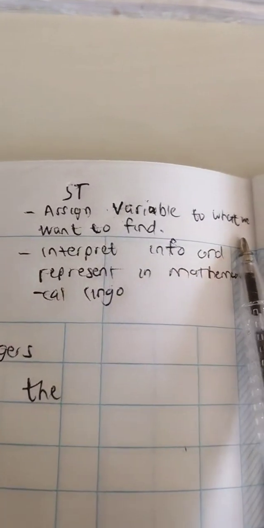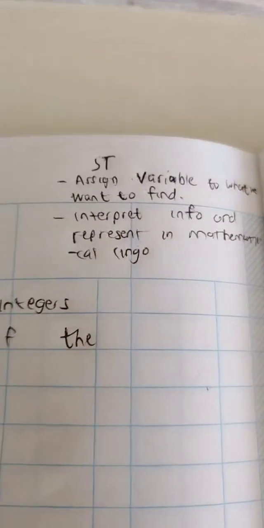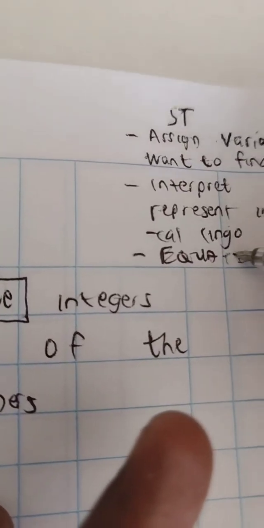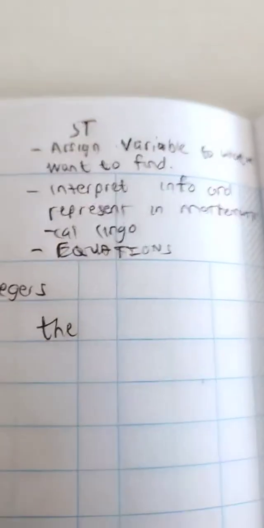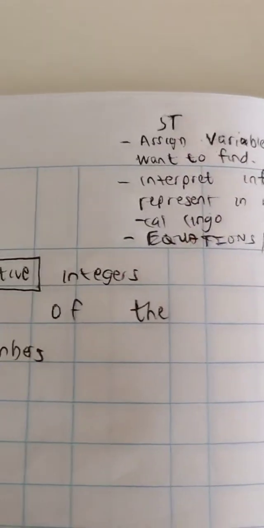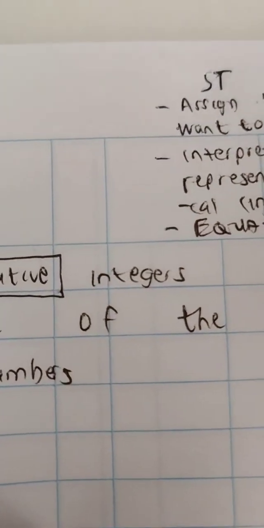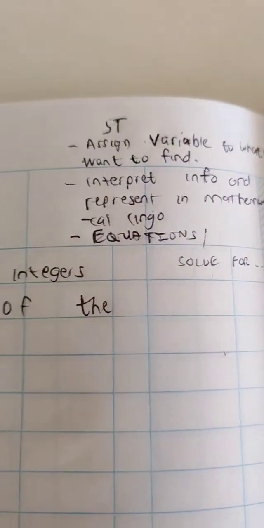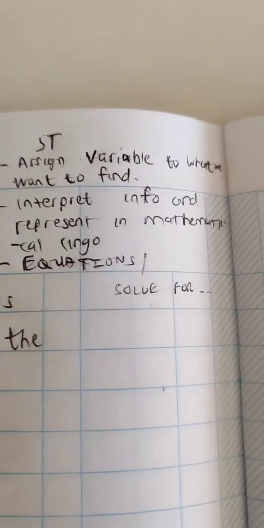So assign variables to what we want to find, interpret the info and represent it in mathematical lingo, and then hopefully we can set up an equation or equations, could be plural, could be singular, and then solve for what we need to solve for, and by so doing answer the question.